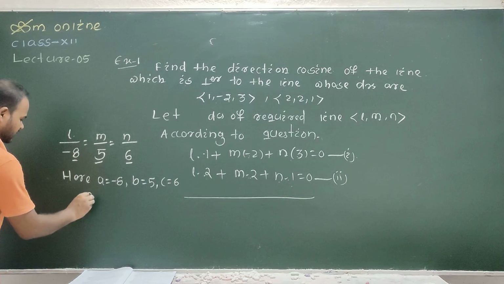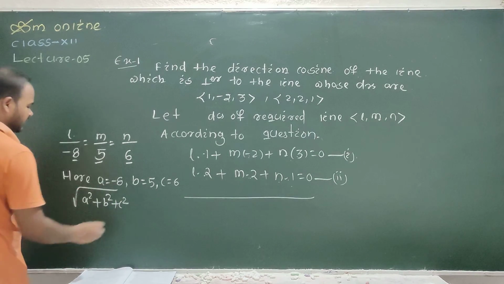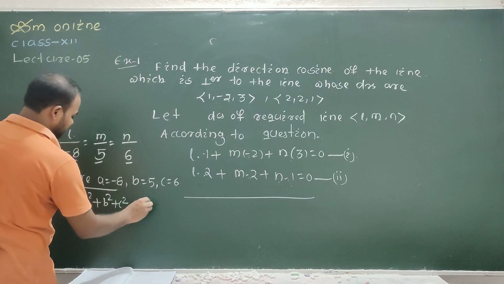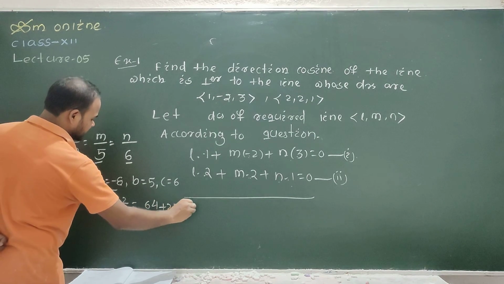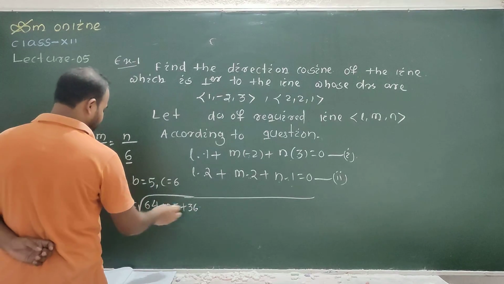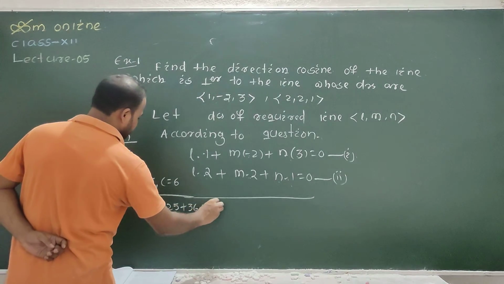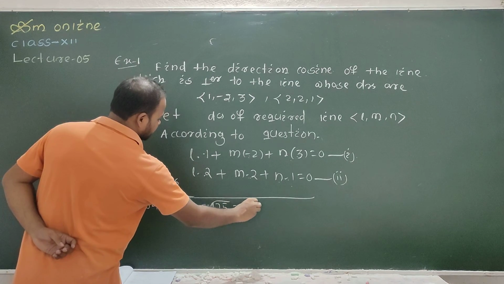So the square root of A square plus B square plus C square equals the square root of 64 plus 25 plus 36, which is 125, and the square root of 125 is 5 root 5.